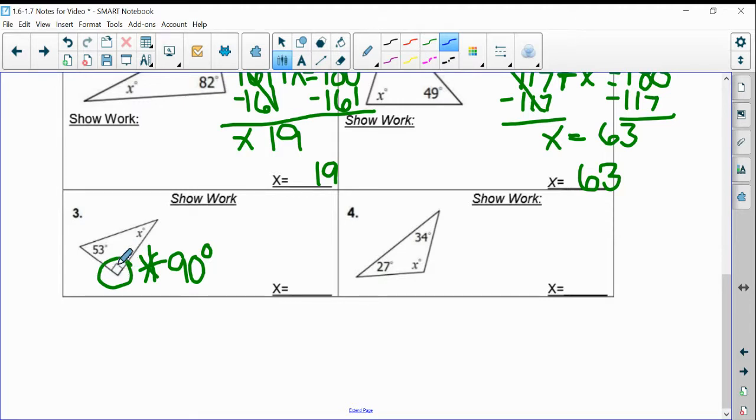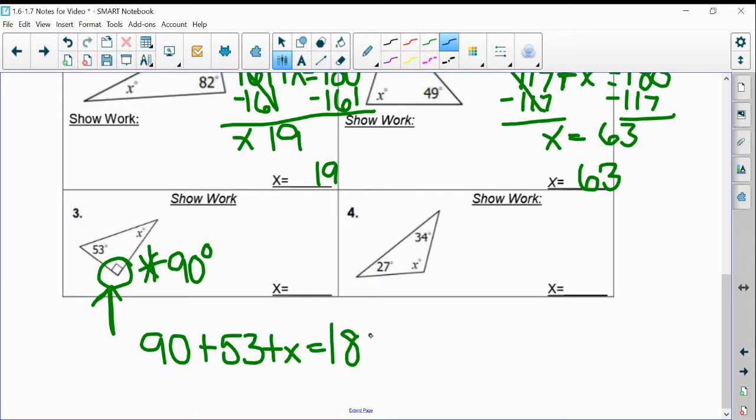If you see this square symbol, what that tells me is that this is a right angle, and a right angle is 90 degrees. So they didn't give you an angle measure, but they did. So we know that's a right angle. Right angles are 90 degrees. So 90 plus 53 plus x equals 180.